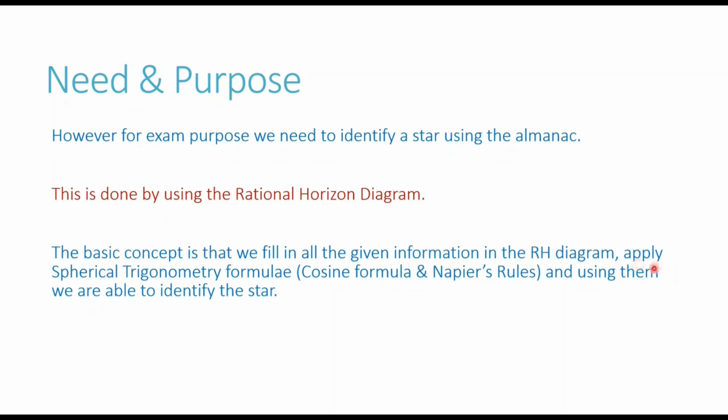So we can apply the spherical trigonometry formula like the cosine formula or the Napier's rule, whichever is applicable in a particular situation. We can apply these formulas, and using them, we are able to easily identify the star. So this is the basic concept which we use in star identification.